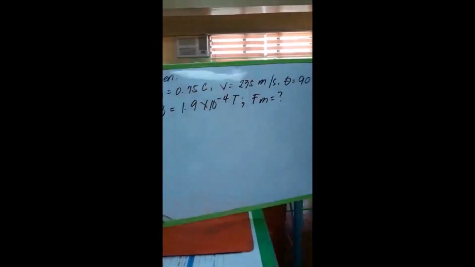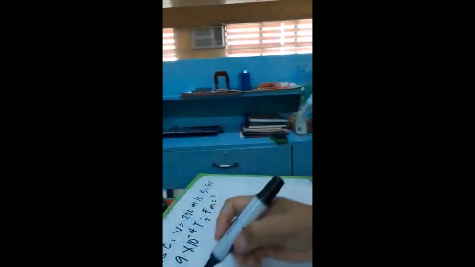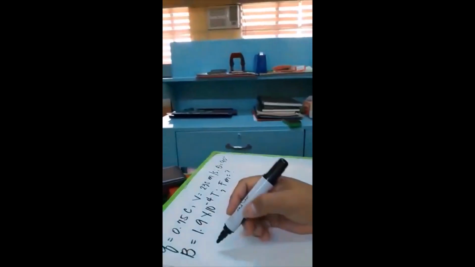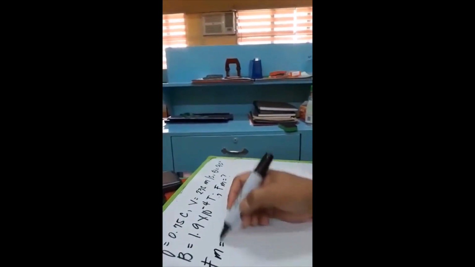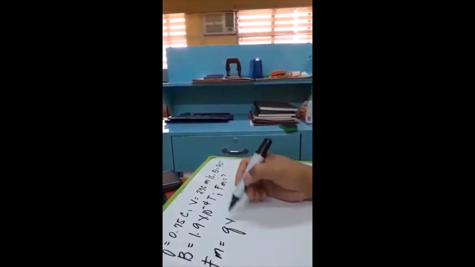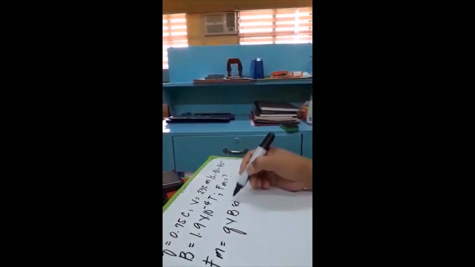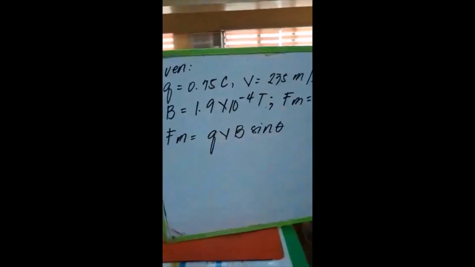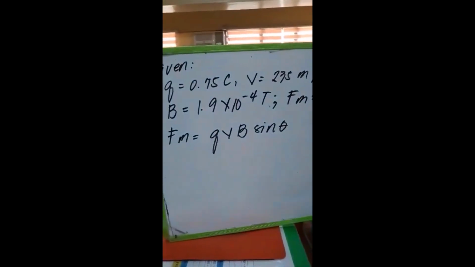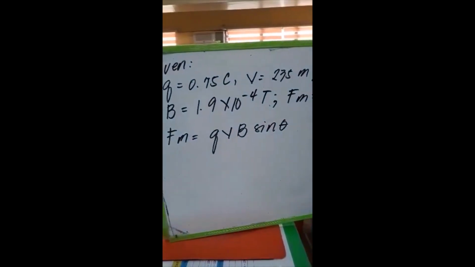So magnetic force. So ano ba yung formula po ng magnetic force? So ang magnetic force po natin, magnetic force is equal to Q V B sine theta. So this is our formula how to solve the magnetic force based on the formula that I have presented a while ago.